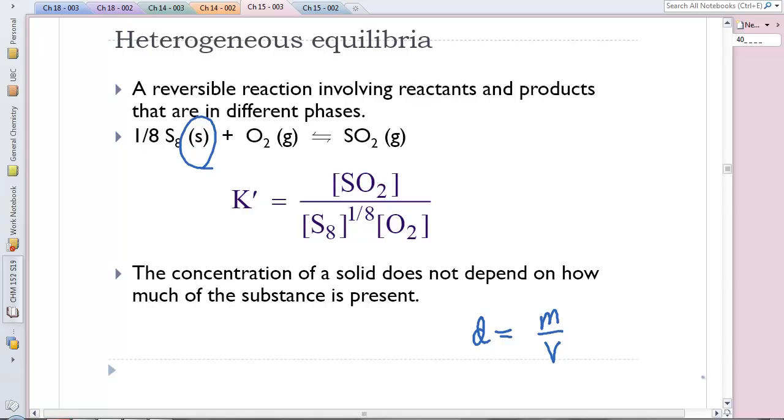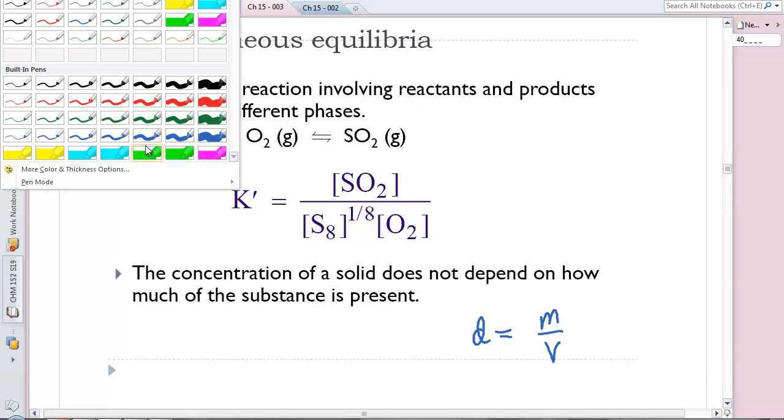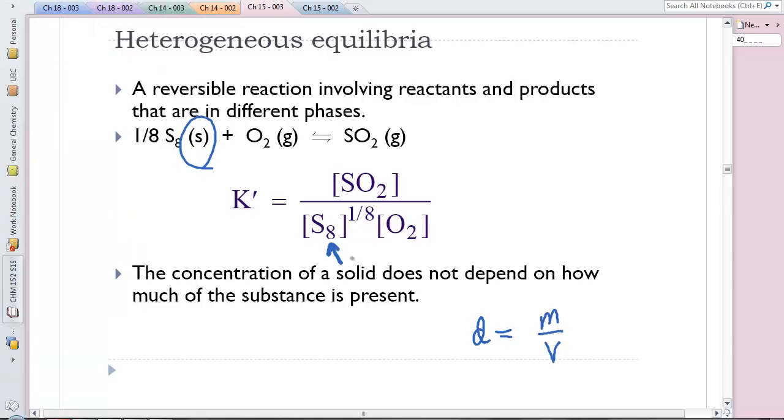So what happens here is that this solid's concentration is really constant. The amount per volume, even though the total amount will change in the course of that reaction, its concentration does not.